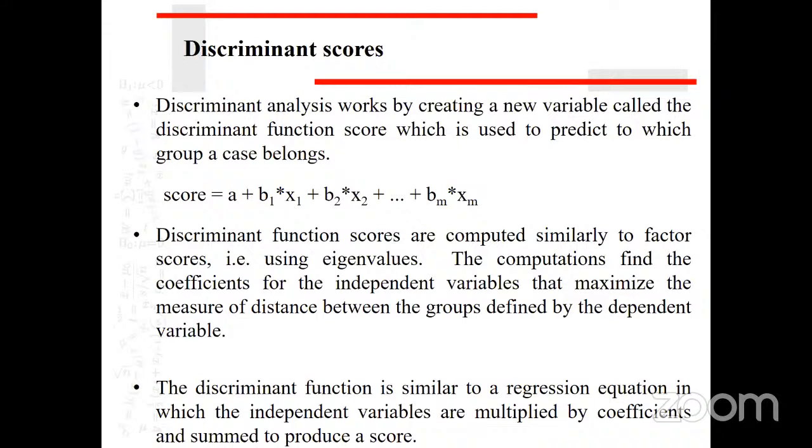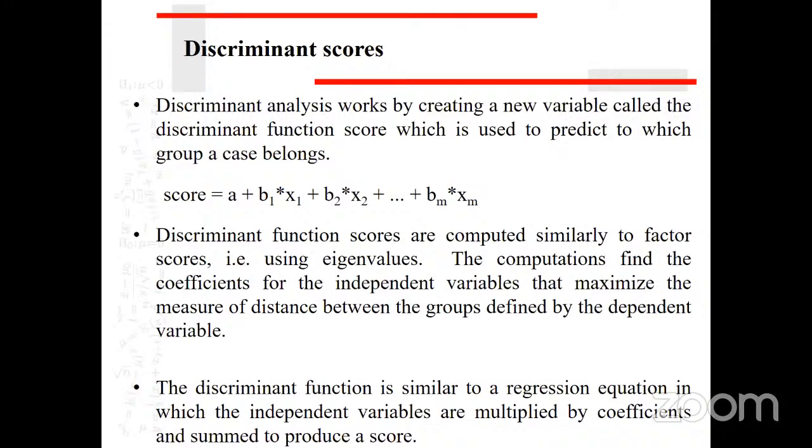So if we differentiate this score equation with respect to any of the parameters such as a, b1 or b2, it will vanish from that equation. So we can say this equation is linear; if we take the derivative with respect to that parameter and that parameter doesn't vanish from the equation, it becomes non-linear. So here we are more concerned with the linear one.